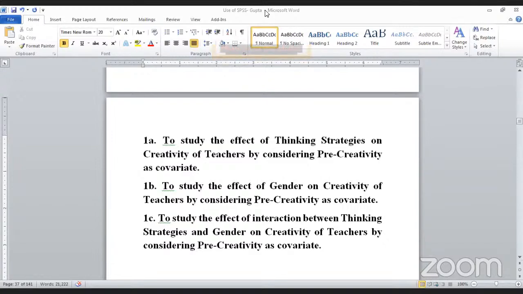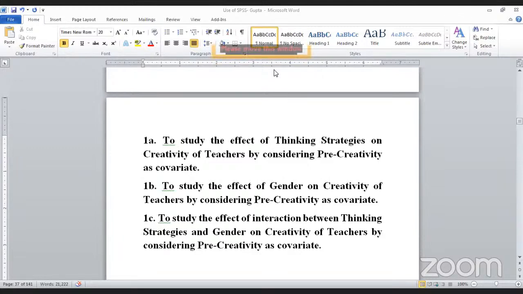Covariate is the variable with respect to which the mean scores of the criterion variable or the dependent variable are to be adjusted. So that is what the covariate is.